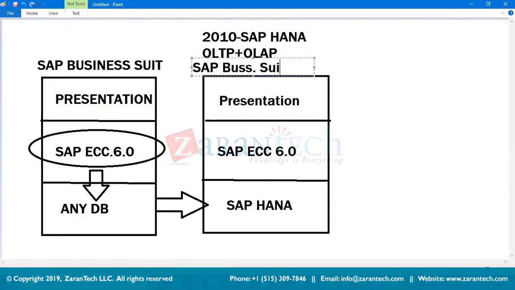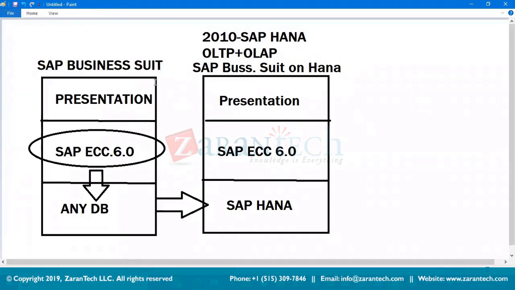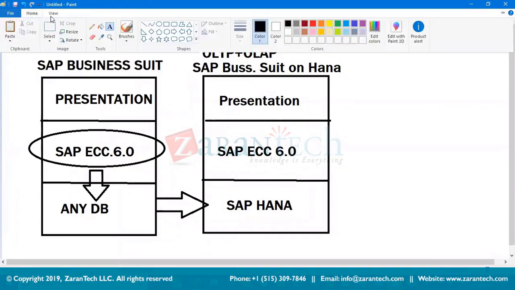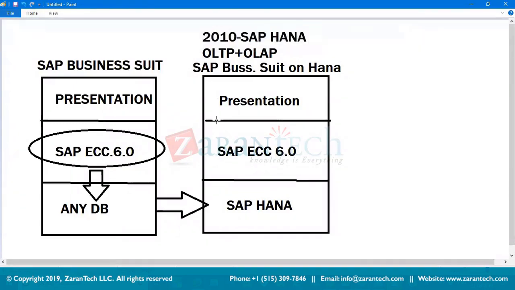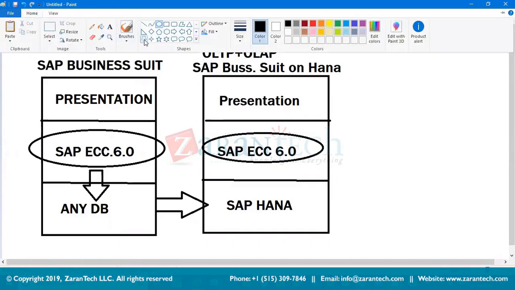What is the difference here? The only difference is that I have not done any simplifications at the application level. Your application is the same application. I have not done any technical data structure changes in your application. The only change is that earlier your database resided on Oracle.